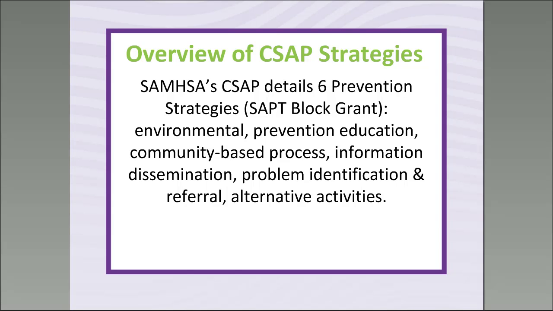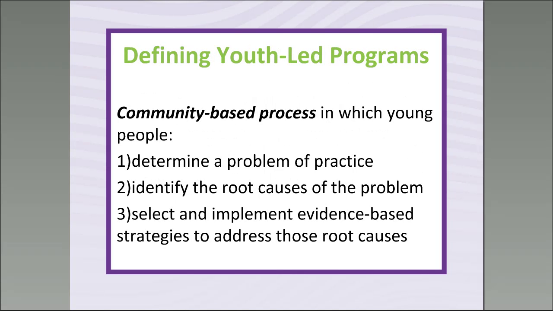The CFR explicated 6 prevention strategies and provided working definitions and examples. It has not been updated since 1993. The CFR details the following strategies that we will discuss today: environmental, prevention education, community-based process, information dissemination, problem identification and referral, and alternative activities.